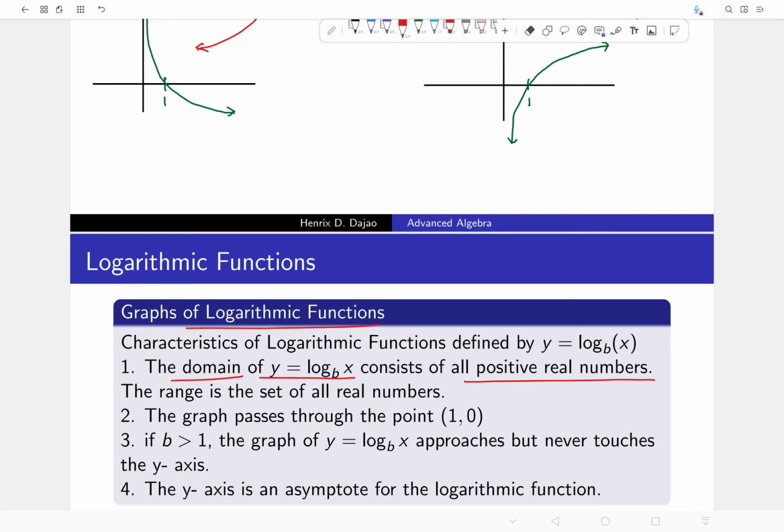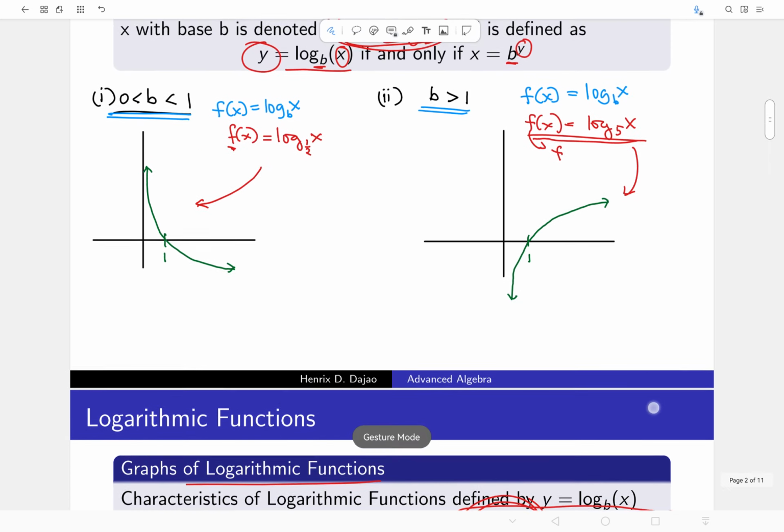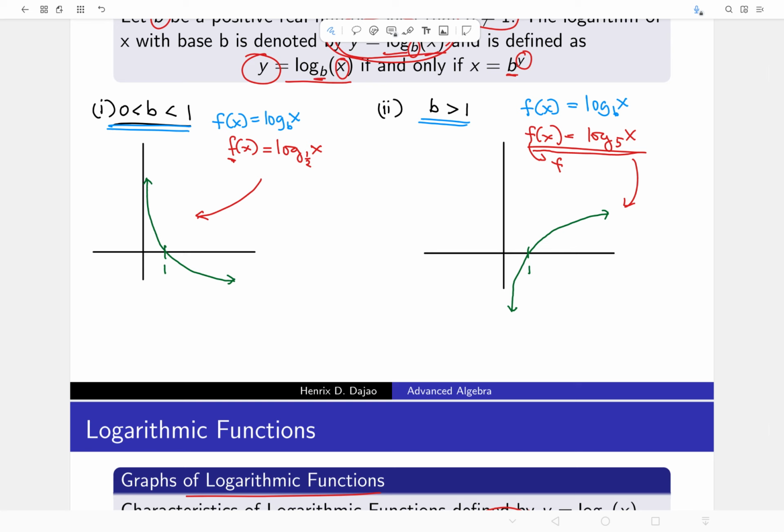Going back to the graph, you will see that indeed that's the case, because looking at this, the permissible values of x are those that are positive.